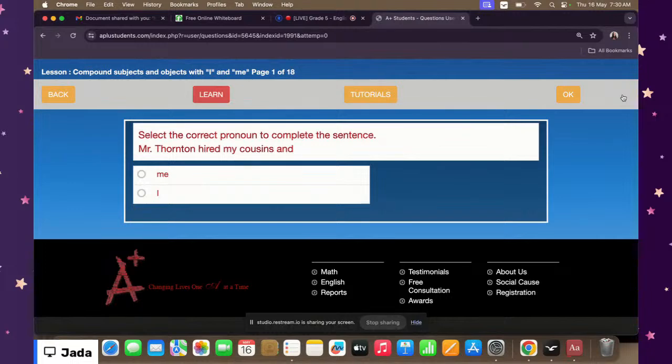Select the correct pronoun to complete the sentence. Okay, so give me your answers. Mr. Thornton hired my cousins and I, or my cousins and me?